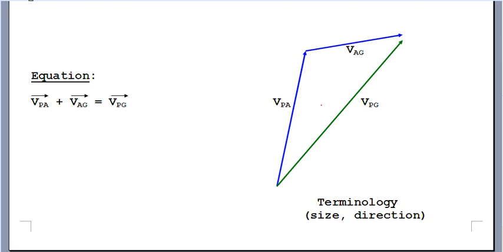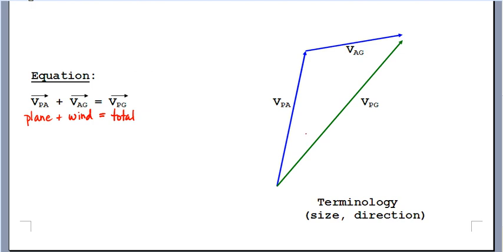This is just showing you that, like last day with the boaters, if we take the velocity of the plane compared to the air, that's what the PA means, and we add to it the velocity of the air compared to the ground, aka the wind, that's going to give us the total velocity of the plane compared to the ground. Like if we were standing on the ground with our radar gun, it would be what the radar gun shows as the plane flies by.